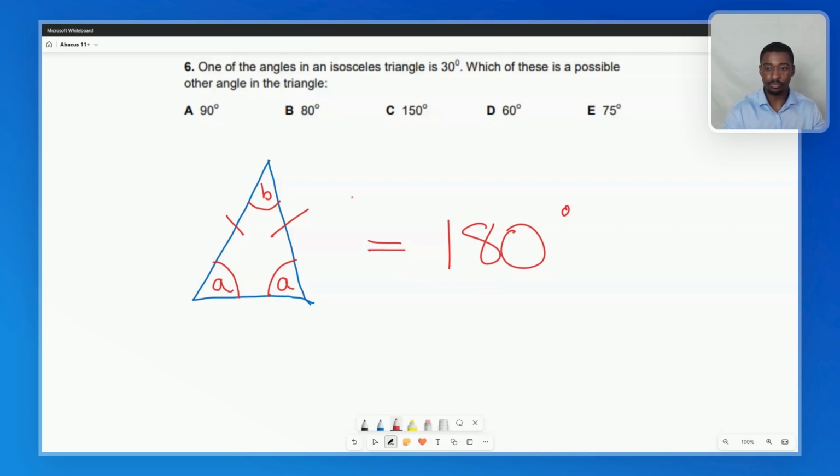two scenarios. We're told one of the angles in an isosceles triangle is 30 degrees.